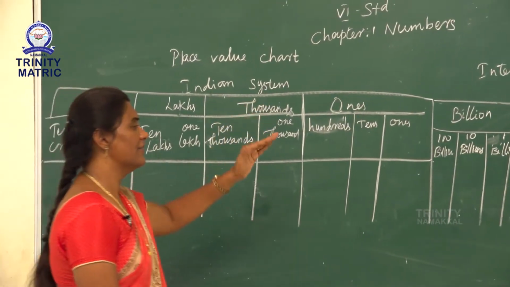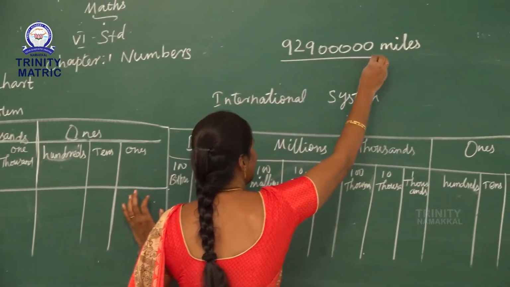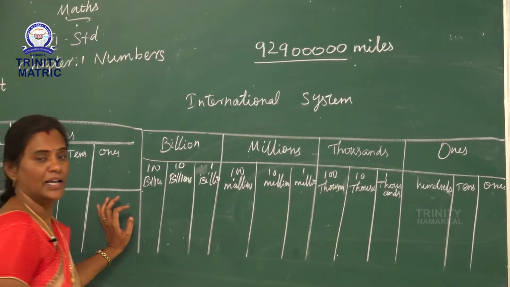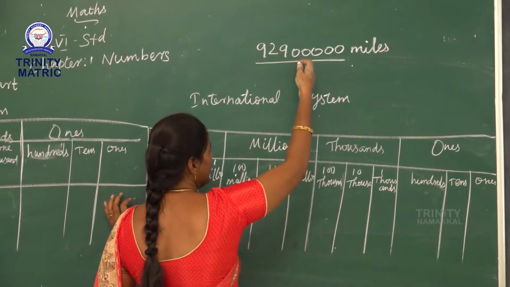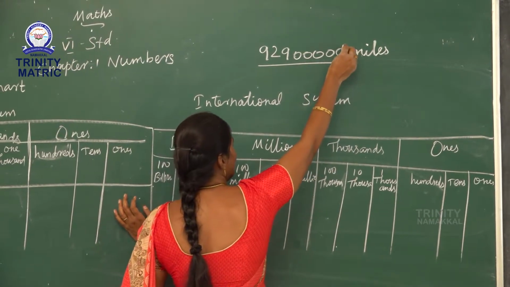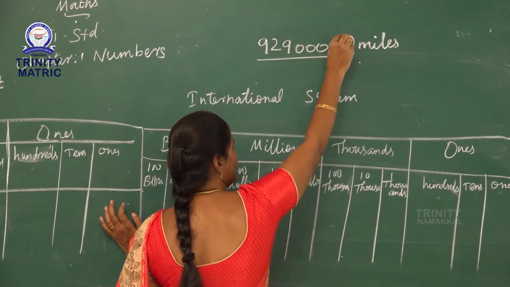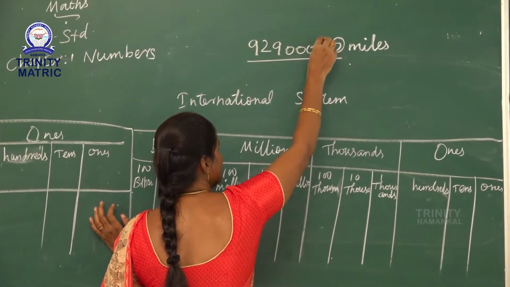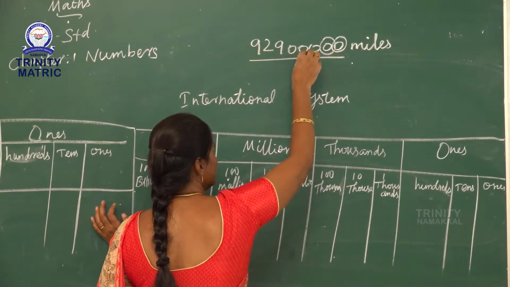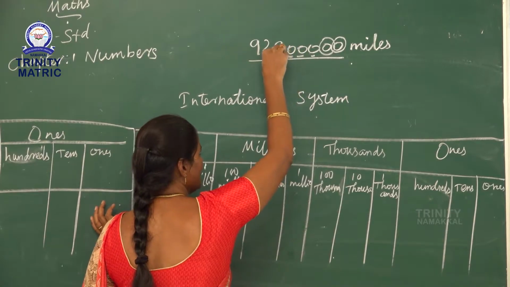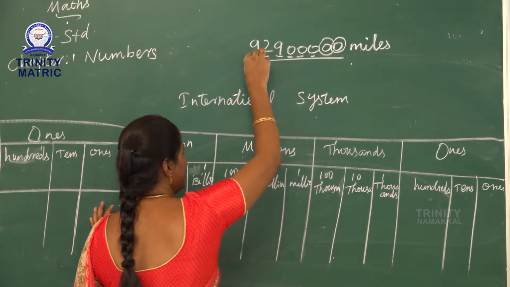First we write this number in the Indian system. First we write this 0 in the ones place, then the tens place, hundreds place, thousands place, 10,000s place, lakhs place, 10 lakhs place, crore place.